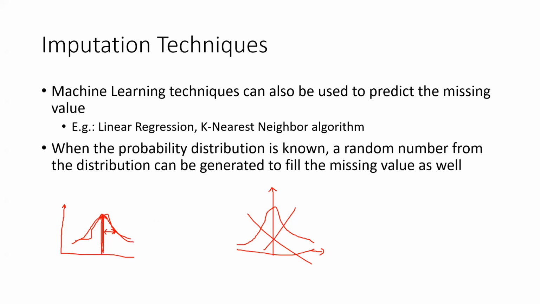Because we take samples from this probability distribution, the variance will also not get changed if you use this kind of sampling technique for filling the missing values, right?